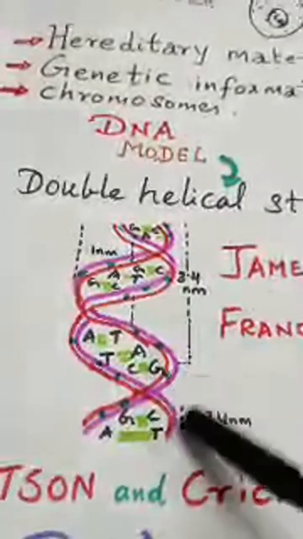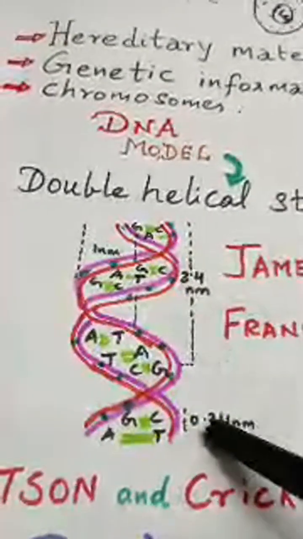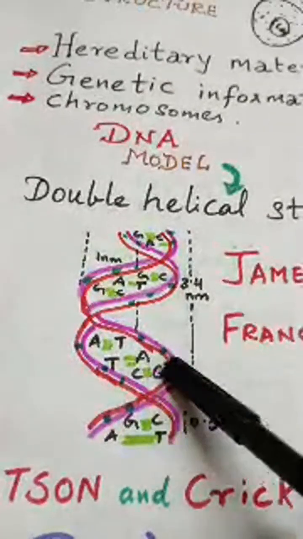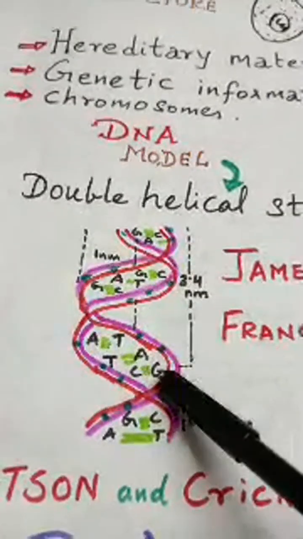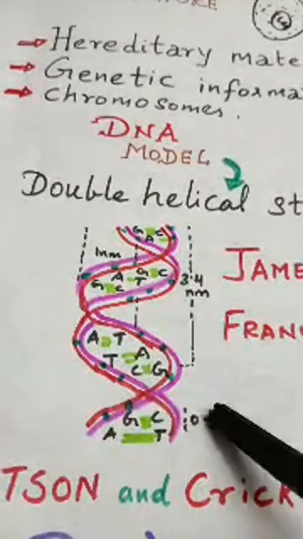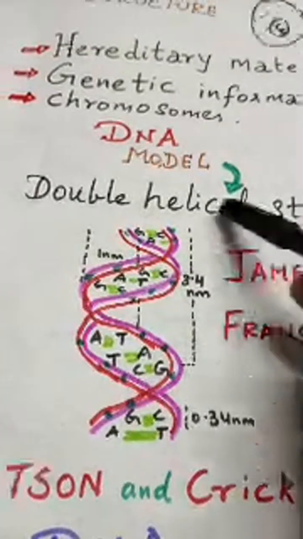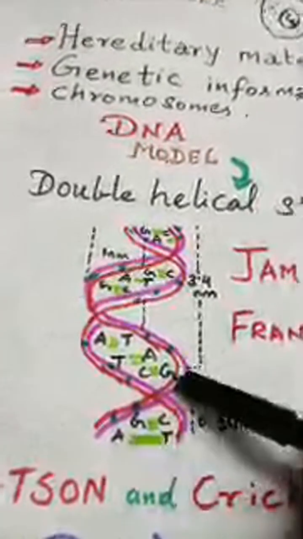A nucleotide has the sugar, the nitrogenous bases, and along with that the phosphate group. When these are more in number, that is known as a polynucleotide.